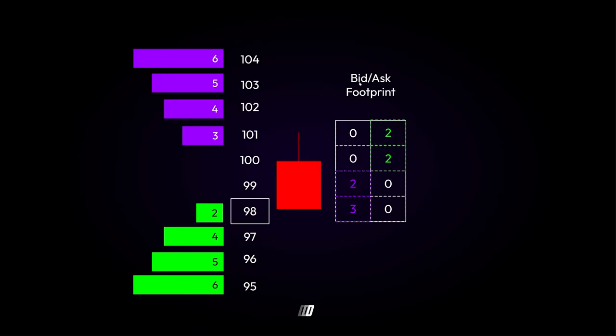So the bid-ask footprint basically tells us with a little bit more detail who was the aggressive and who was the passive.